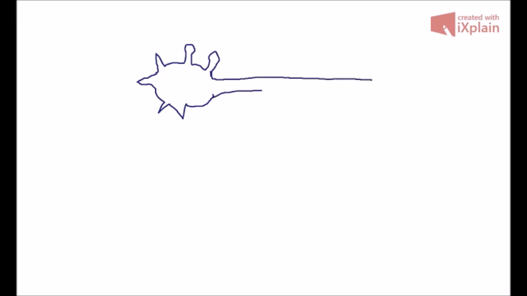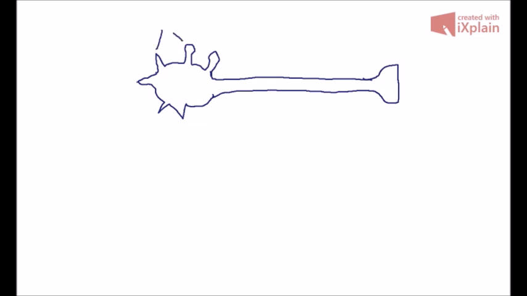So I'm just going to draw out a little neuron here. Here's a dendrite, here's a dendrite, dendrites all over the cell body. Oh, that looks terrible. Here's the axon, and then at the end of the nerve, it fans out into this little bulb called the end bulb.